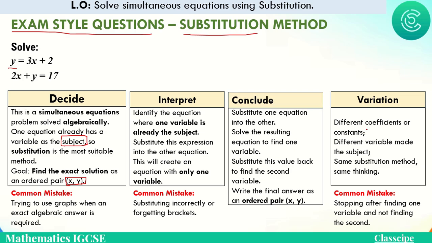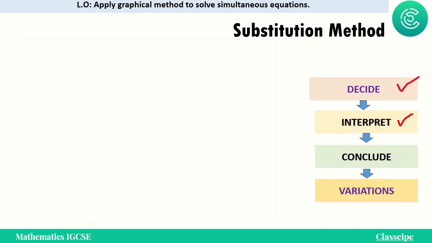Now, the common mistake in variation is when you stop after finding one variable, then you will not be able to get the solution set. Now, let's try it out. These are the steps. We have to decide, then interpret, then conclude, and then we can try variations.